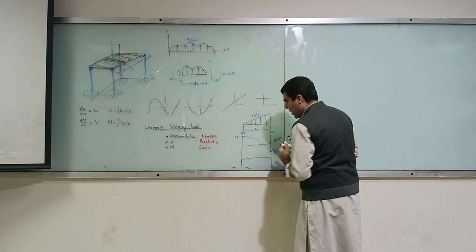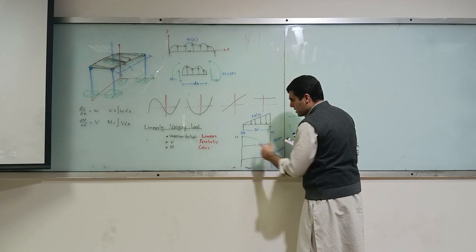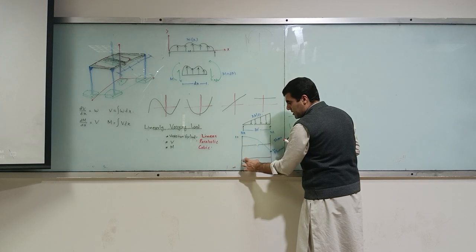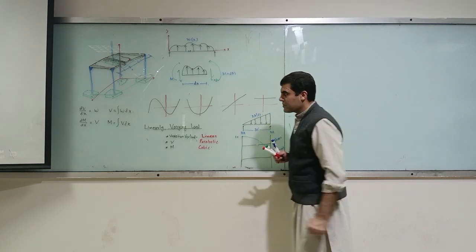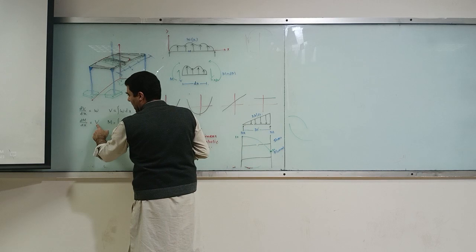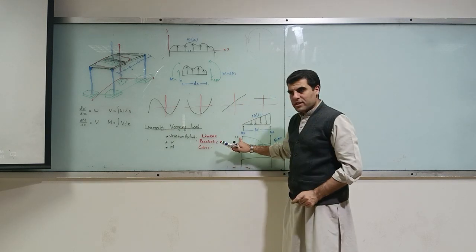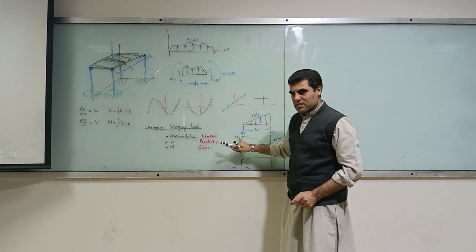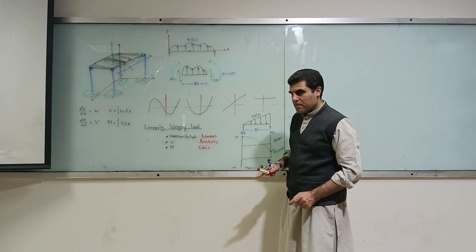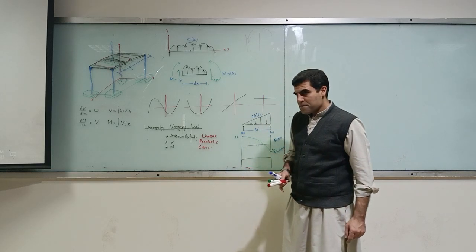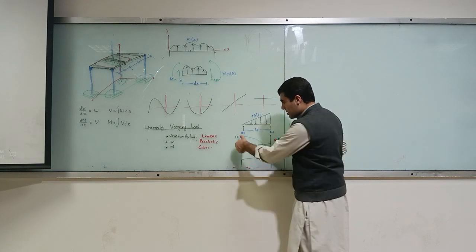And similarly for this one, what moment would we have? The point where we have got maximum shear would have slope equal to, what would be the slope? This has got finite shear.